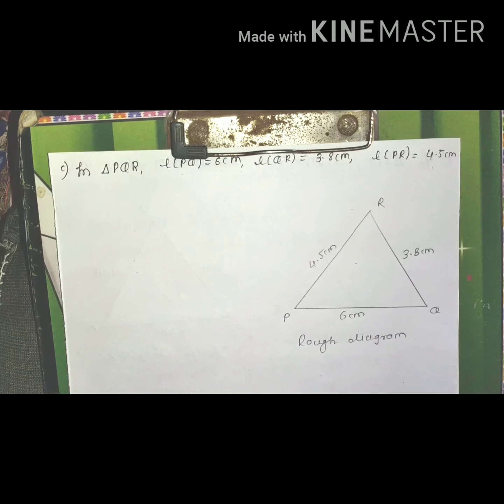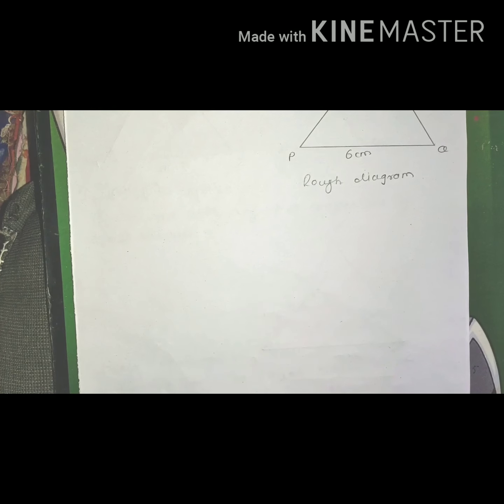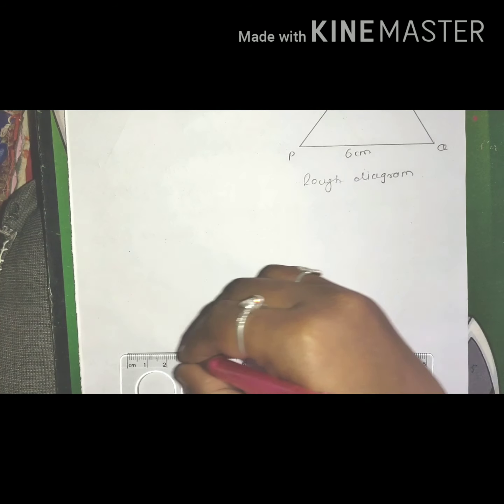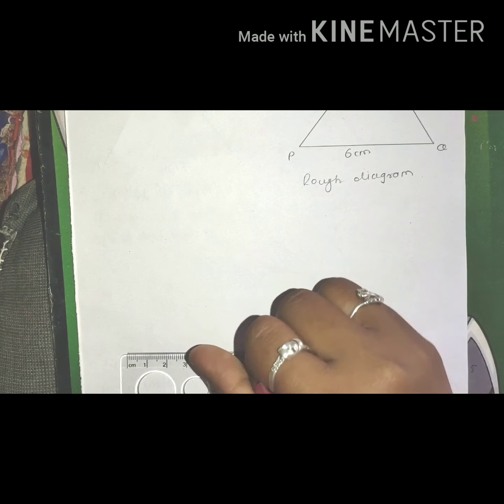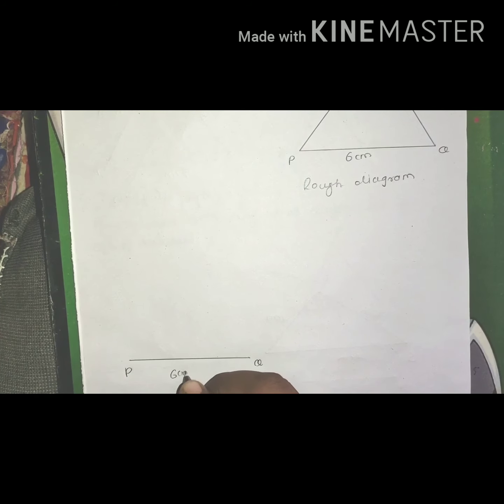Next step, base of length PQ of length 6 centimeter. So take a scale. In that scale, draw the base of length 6 centimeter, PQ 6 centimeter.